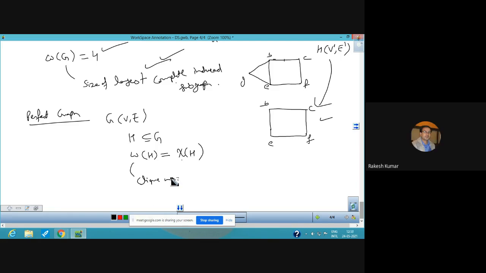Now in the cycle here, two colors are needed to paint these vertices. So the chi of H will be 2, but the clique size comes out to be 4. So both are not equal, so this is not a perfect graph.